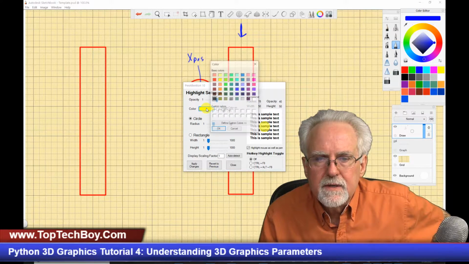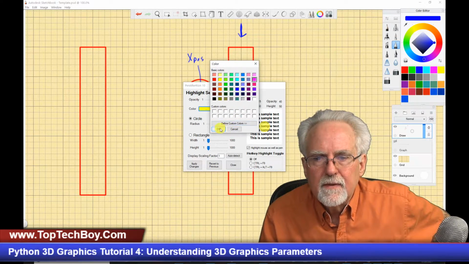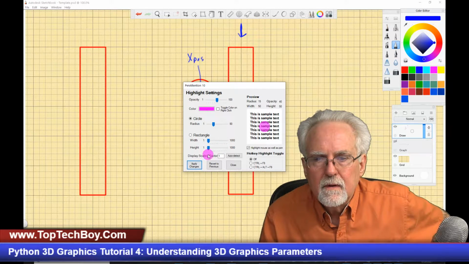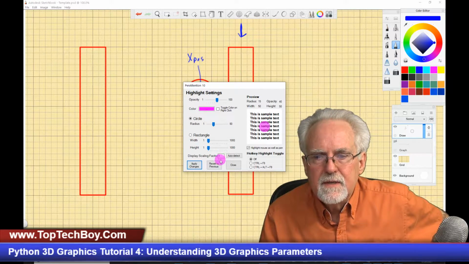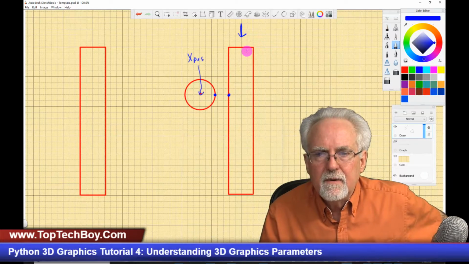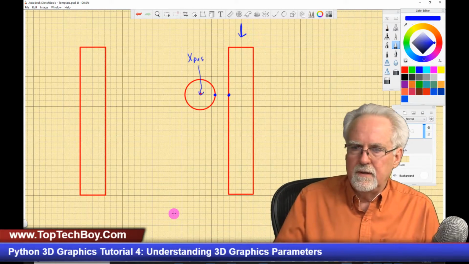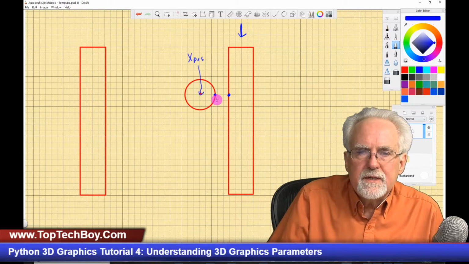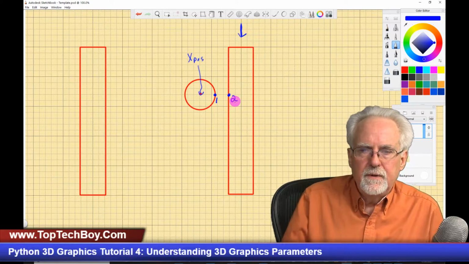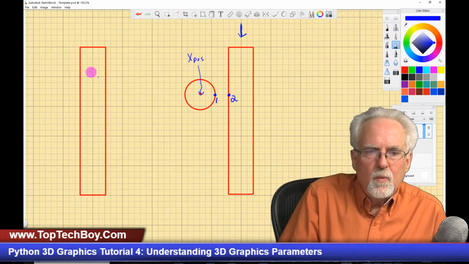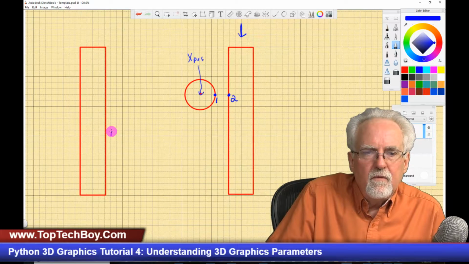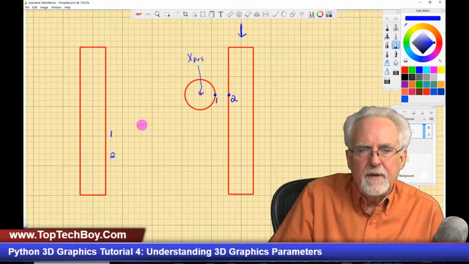because that color is not going to show up well. Let's see if I do something more like that. Okay, I think you can see that better with that background, so you can track my cursor a little better. Okay, so let's call this 1, and then let's call this 2. All right, so what is the position of 1 and what is the position of 2, just so I have room to write it.